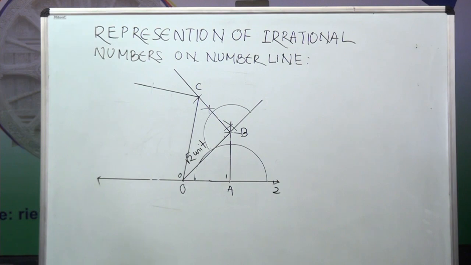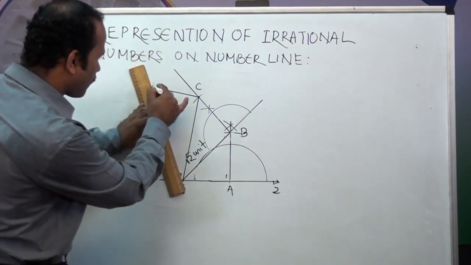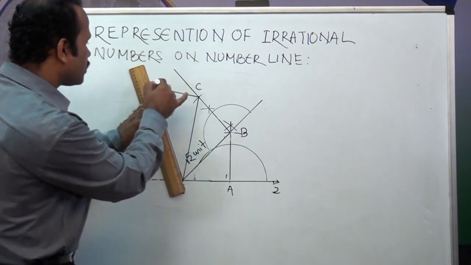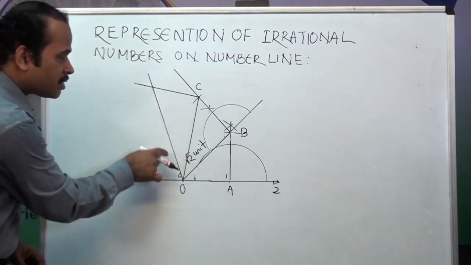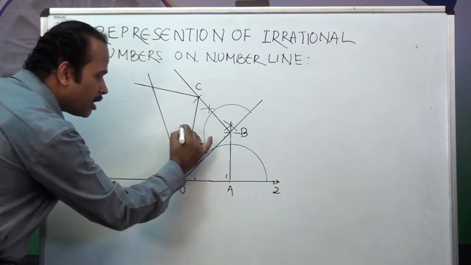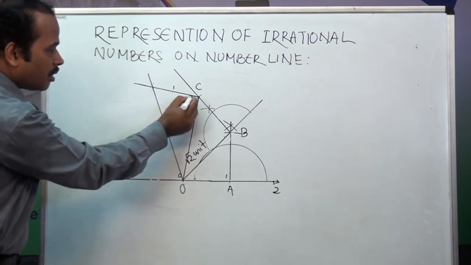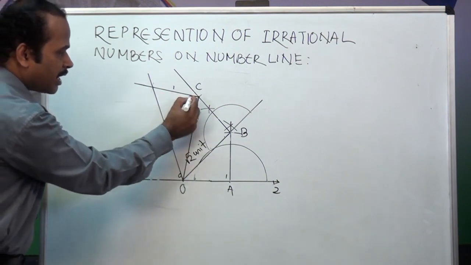Then if I join the next, I will find it is √4. This length is now √4. Now this is √3 unit, this is 1 unit. So √3 squared plus 1, this angle is 90 degrees I have taken.